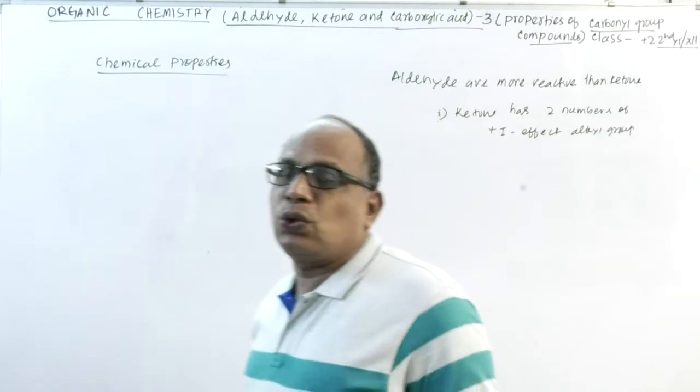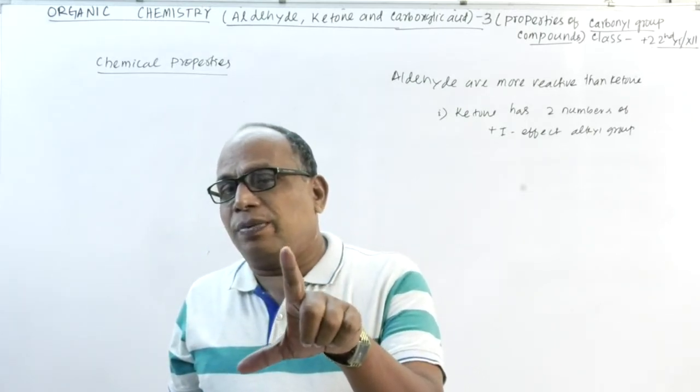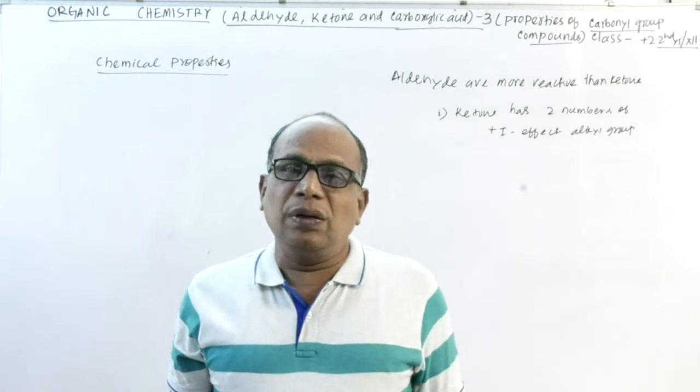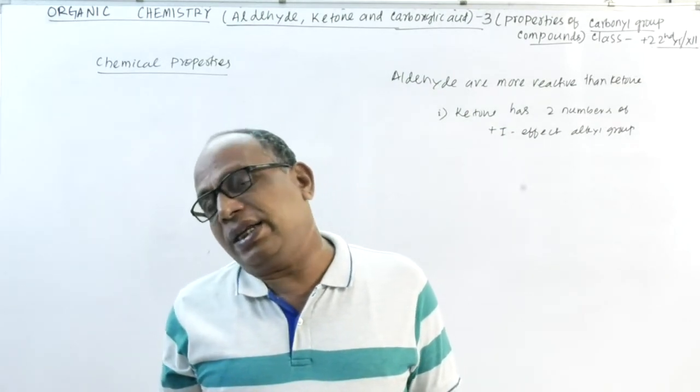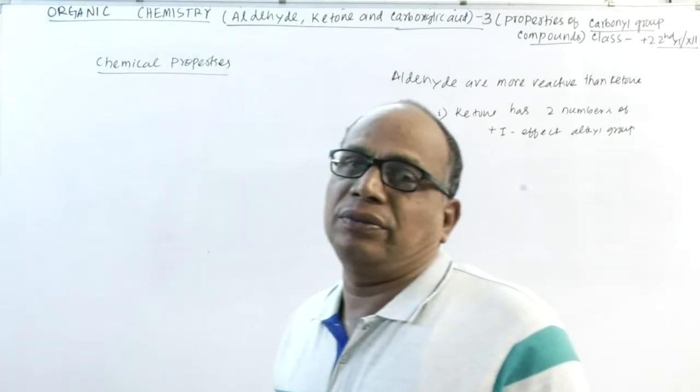As it possesses two plus I effect alkyl groups, the carbon atom of the carbonyl group does not possess more positive charge. As a result, the nucleophile will not attack the carbon atom.